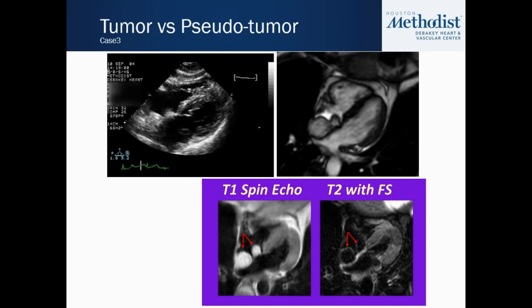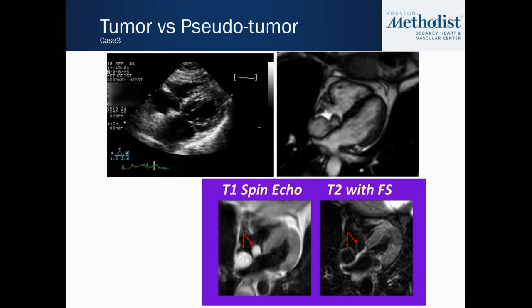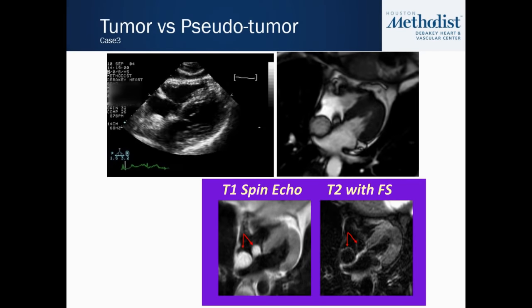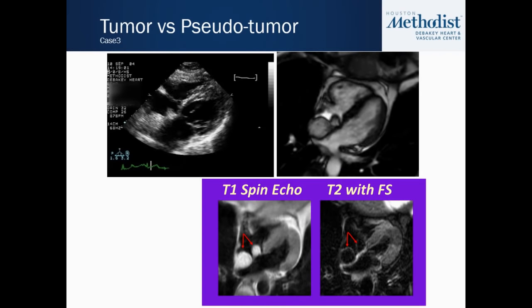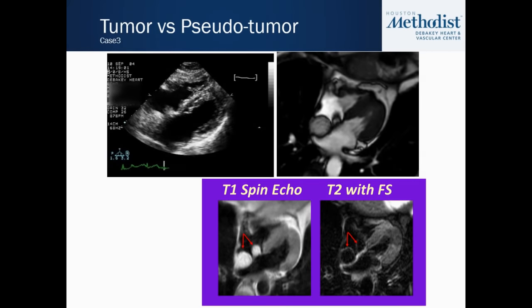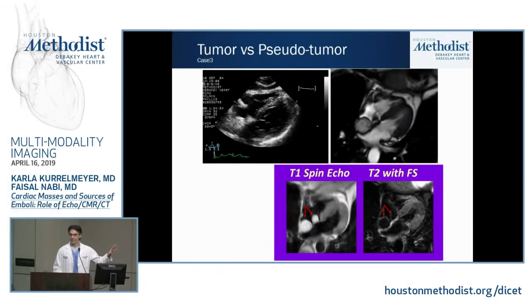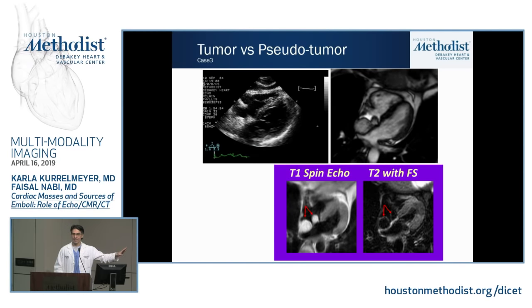Using our T1 spin echoes and T2 spin echoes, you can see here on T1 spin echo that this structure is bright, and on T2 with fat saturation that this structure is completely dark. And for us, and for everyone else, this is pathognomonic for fat. So without having to even know what this was, if you didn't recognize it by its anatomy, you can make a diagnosis based on its tissue characterization.